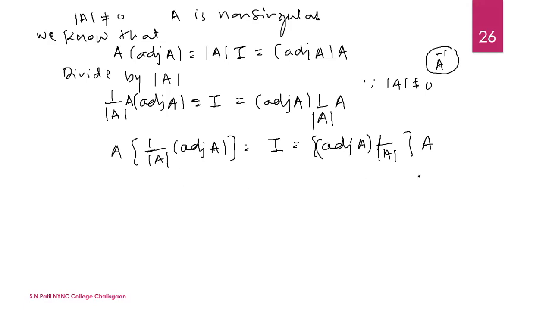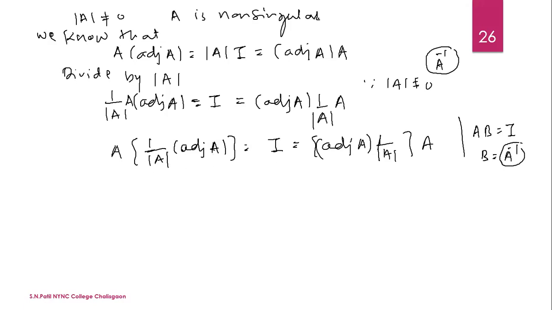Now see, we just discussed in the inverse definition: if A is a square matrix, there exists matrix B such that A into B is equal to identity matrix, then B is called inverse of the matrix and it is denoted by A inverse. See here, A into the square bracket is equal to identity matrix.